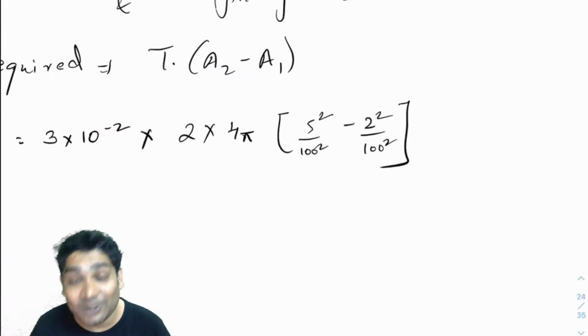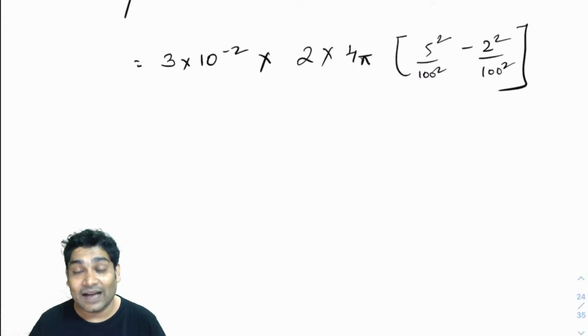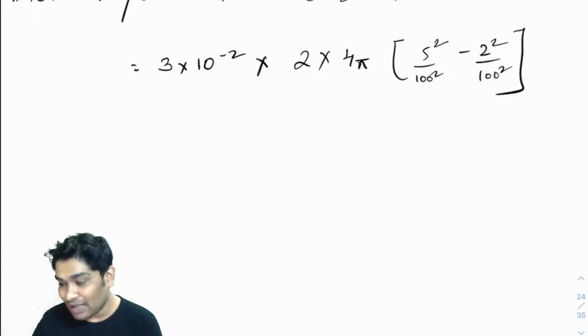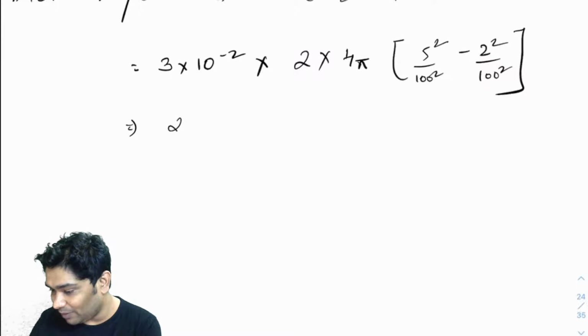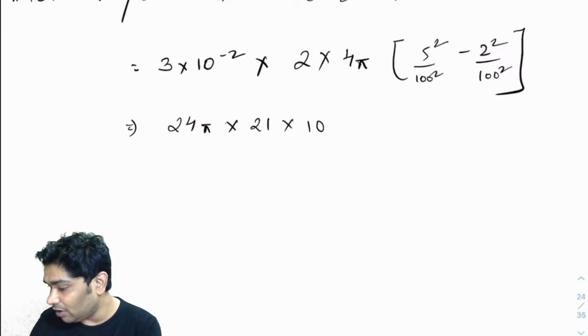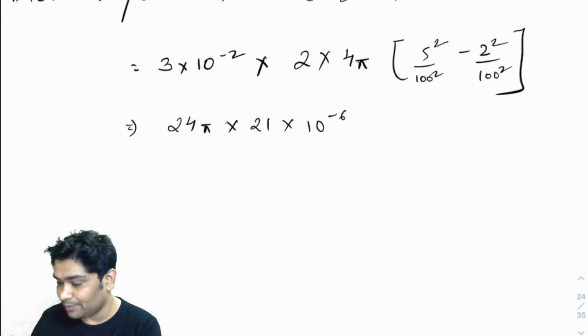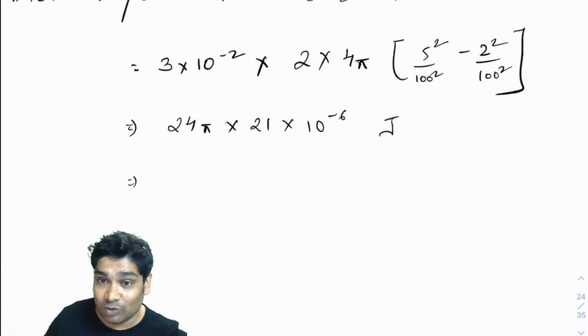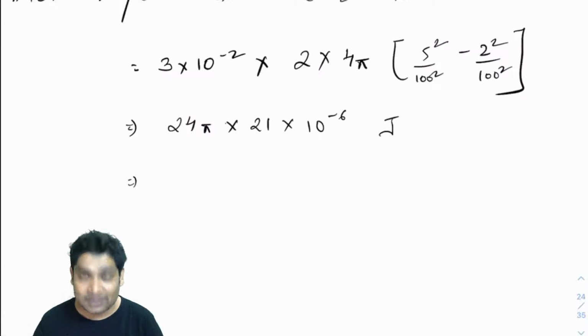Alright, so you need to be careful about all that. That is why I chose this question. I know you guys make those mistakes. So then this would be 24 pi into 25 minus 4, so 21, into 10 to the power of 4 from here minus 6 joules. So let's just quickly find out the correct answer.